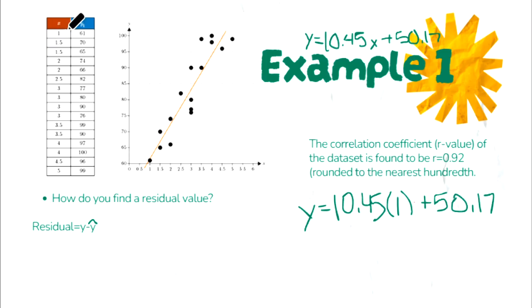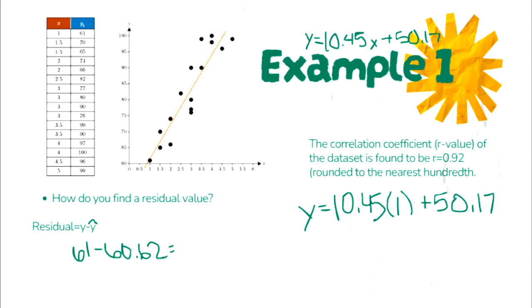According to the line of best fit, when x equals 1, we should have 60.62, but we actually had 61. So we take the actual value, 61, and subtract the estimated value, 60.62. This is going to give us our residual.